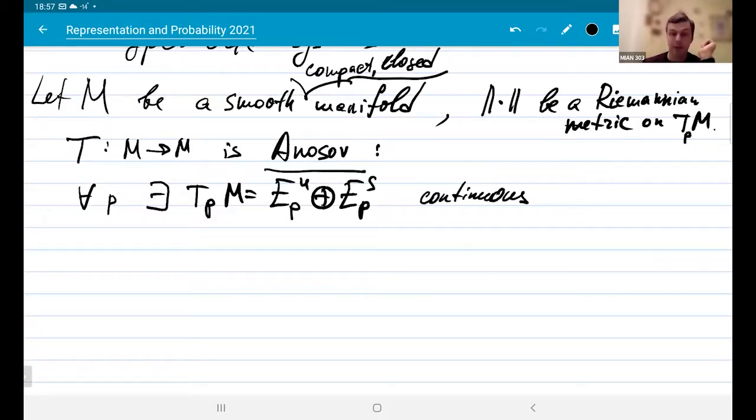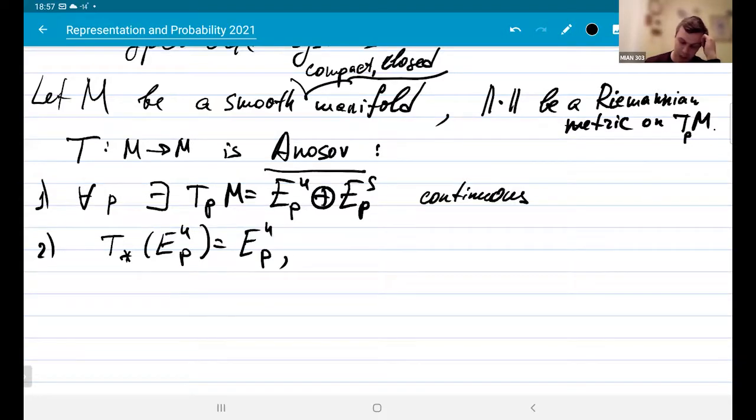Okay, the next thing is that this decomposition is invariant. This means that T is a diffeomorphism, and the same for its inverse.